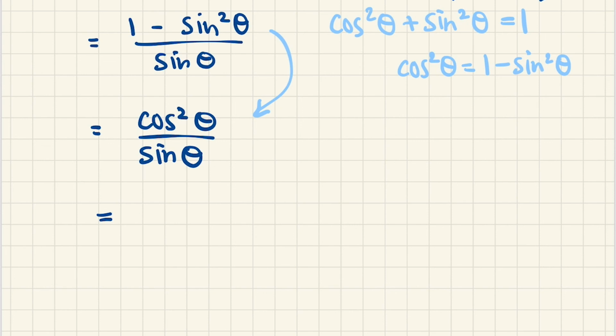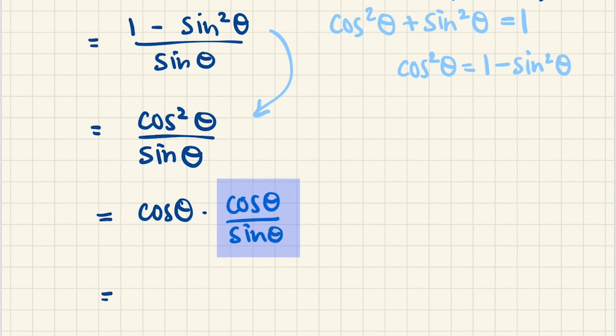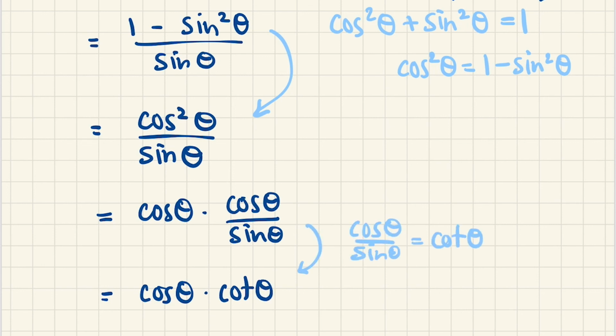So we could simply write this as cosine of theta times cosine of theta divided by sine of theta. And cosine of theta divided by sine of theta is cotangent. So this can be cosine of theta times cotangent of theta. And that's actually as simple as this thing's going to get.